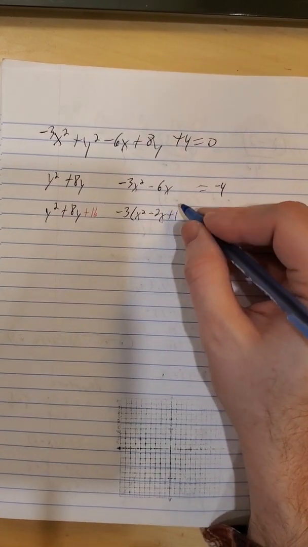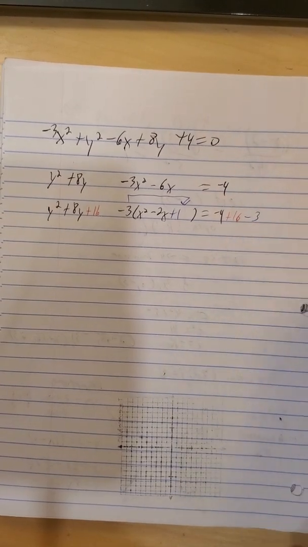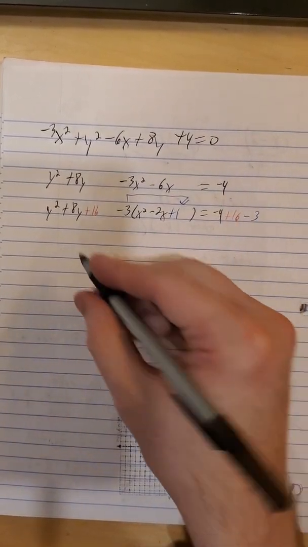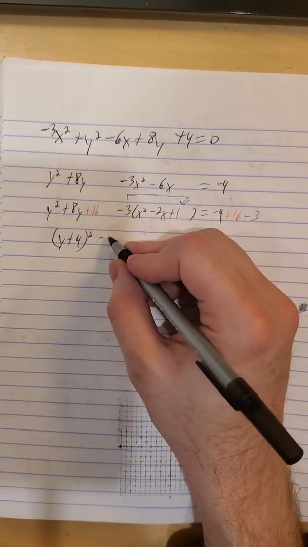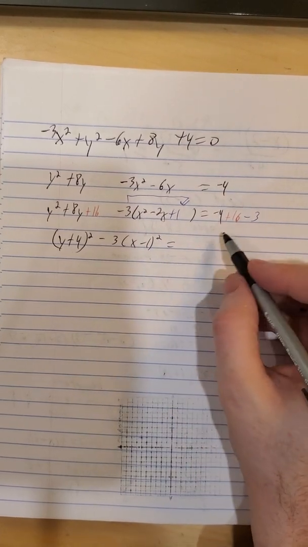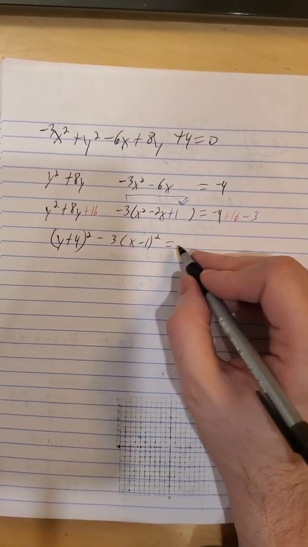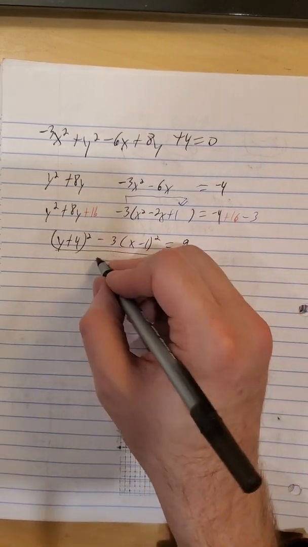And a plus 1, which is really worth a minus 3. So (y plus 4) squared minus 3 times (x minus 1) squared is worth, let's see, 16 minus 7 is 9. So we'll divide everybody by 9.